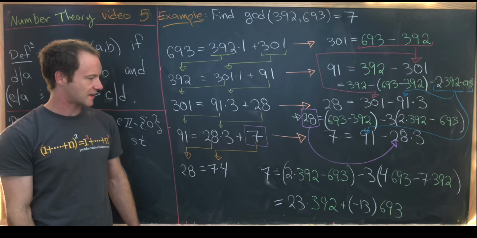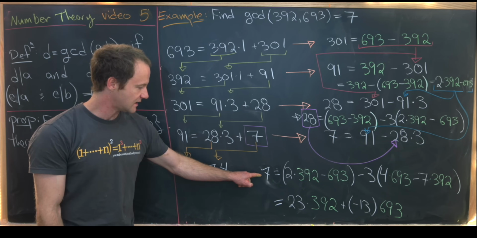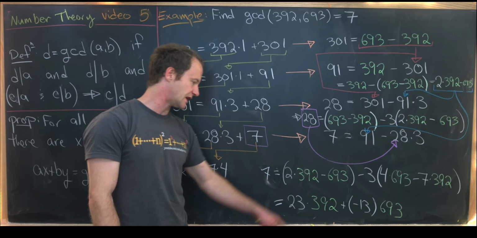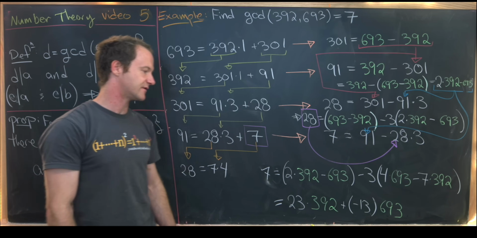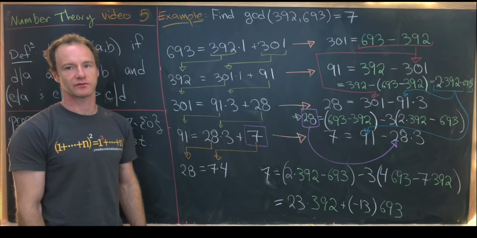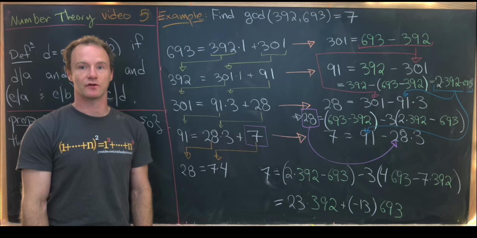Okay, so after all that substitution, we end up with the following calculation. So in the end, we have 7 is equal to 23 times 392 plus negative 13 times 693, expressing the GCD as a linear combination like we had over here.